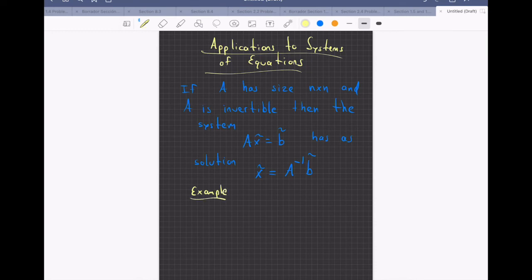So let's say that we have the system X plus C equal to 1, 2X minus 2Y minus C equal to 1, and 3X equal to 1. We have equation 1, equation 2, and equation 3.